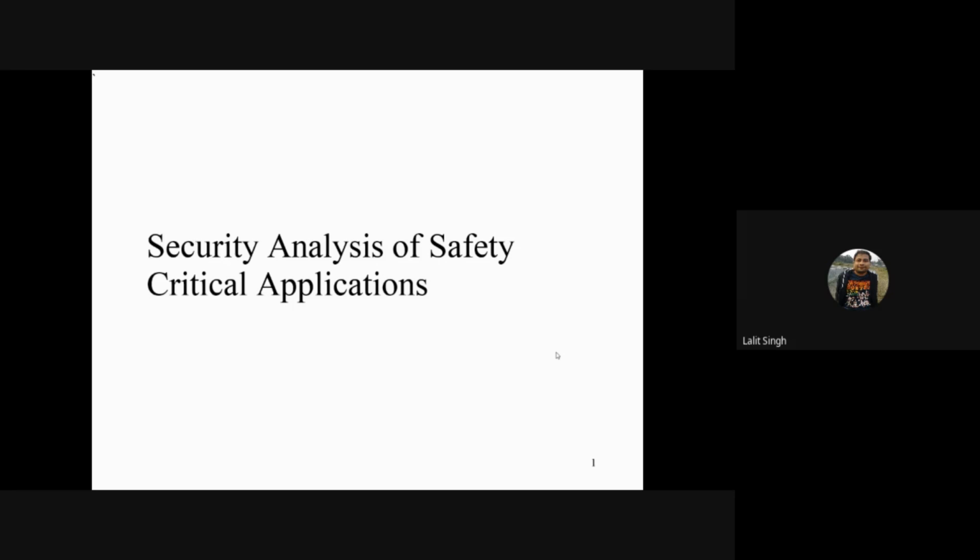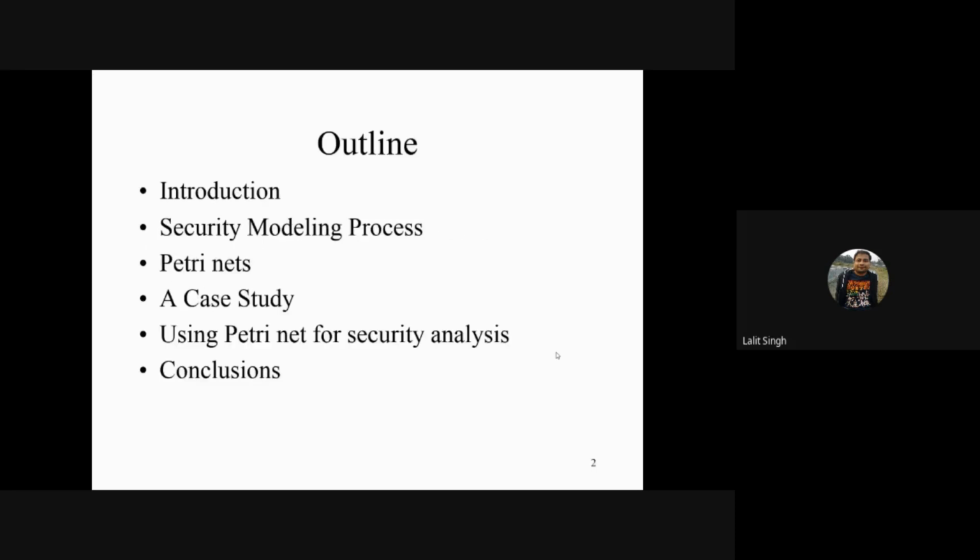When a thing is not standalone and it is connecting with any other, there is definitely a possibility of a threat, which is known as a security threat. Specifically in this session, I'll be discussing how we can quantify some of the security related metrics, especially if you're dealing with safety critical systems.